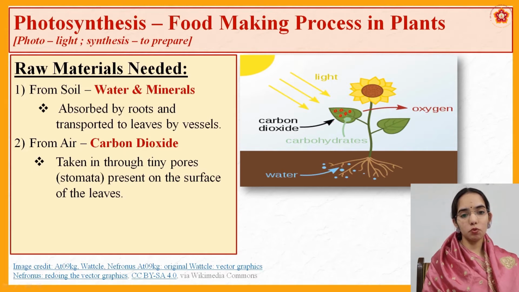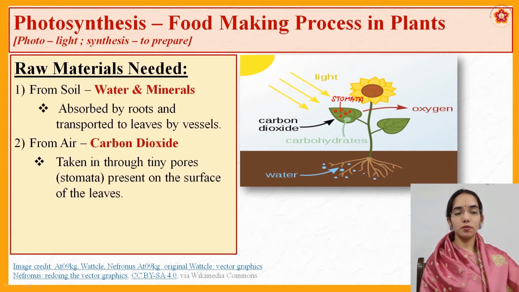So there are tiny pores on the surface of the leaf, and these tiny pores are called stomata. Through these tiny pores, carbon dioxide can reach the leaf. I hope you already know that it is in the leaf where the food is made in plants. So all the raw material needs to reach the leaf.